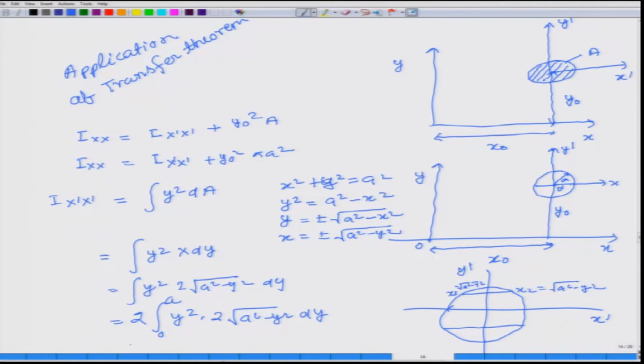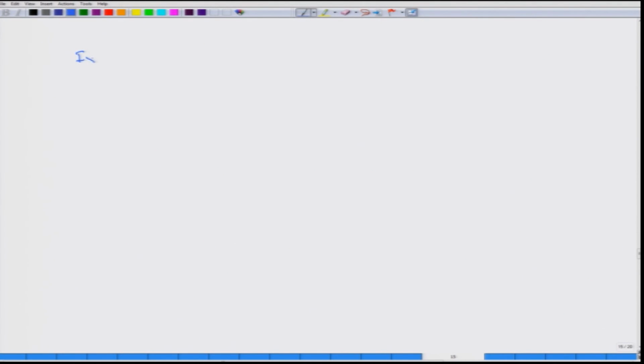So, this integration would be equal to 4 times integral 0 to a of y square root a square minus y square dy. So, what is the I x prime? I x prime would be equal to 4 times integration 0 to a of y square root a square minus y square dy.